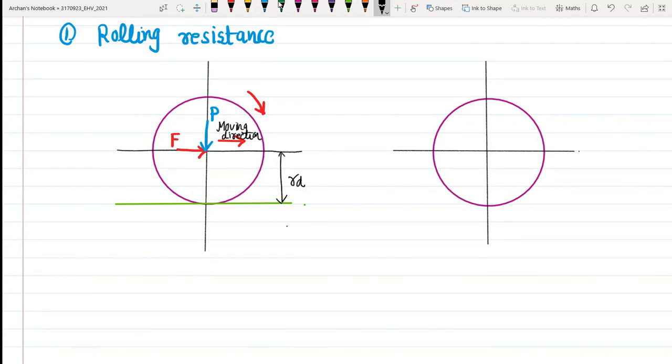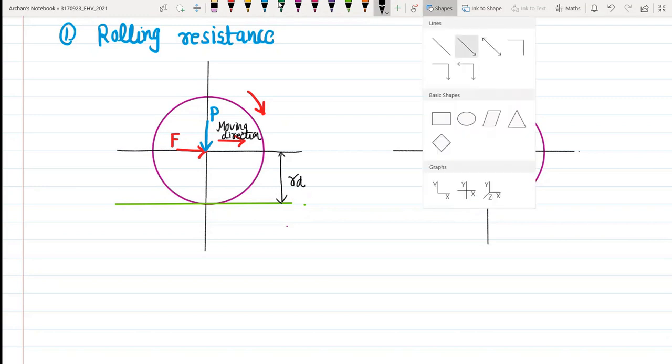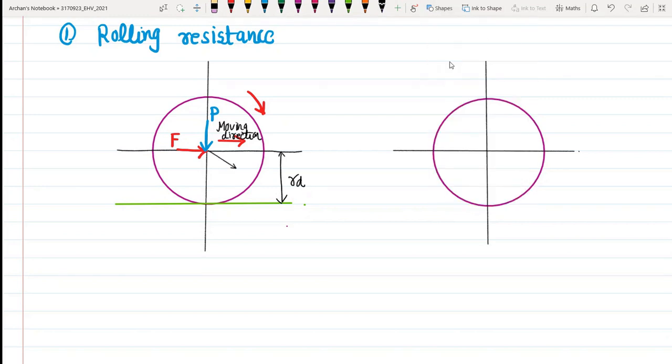Let us take the radius of the wheel as R. Now this figure shows that the pressure in the leading half of the contact area will be larger than in the trailing half. How? Let us see.